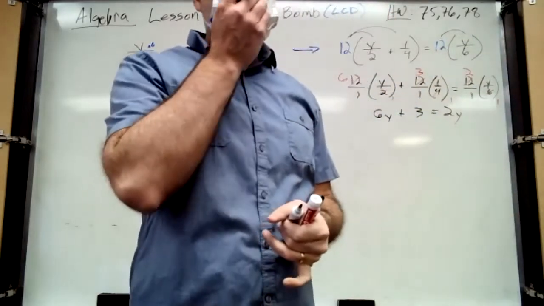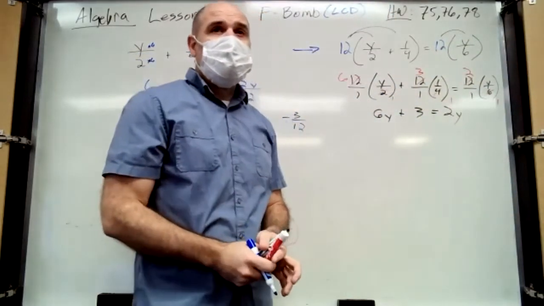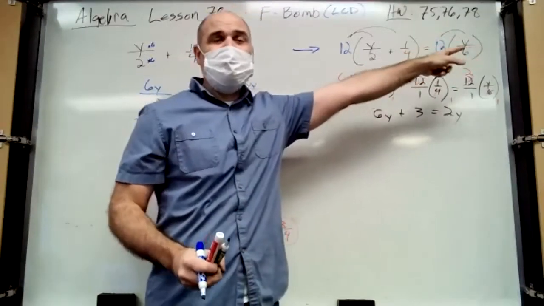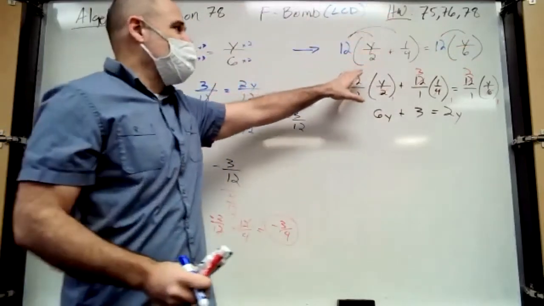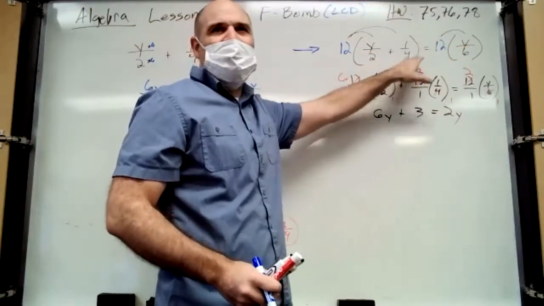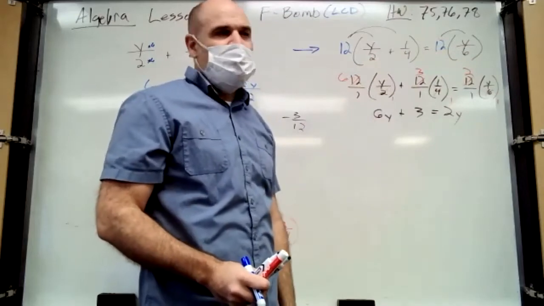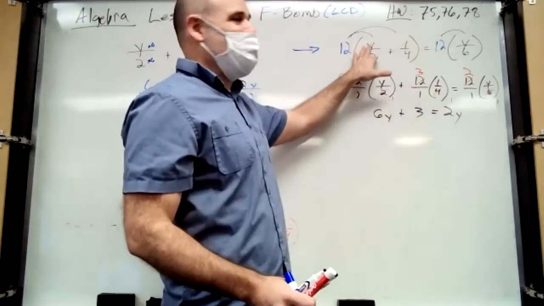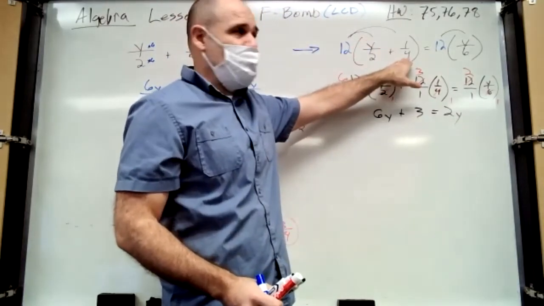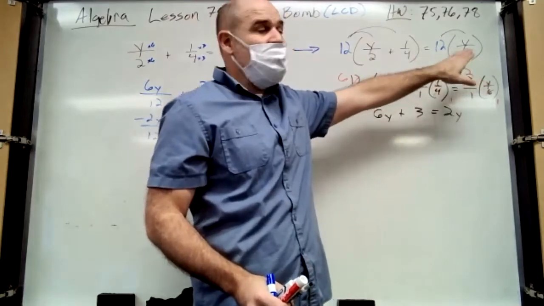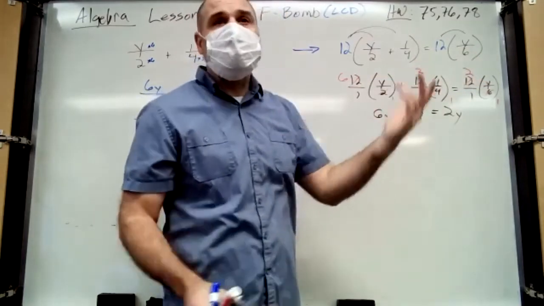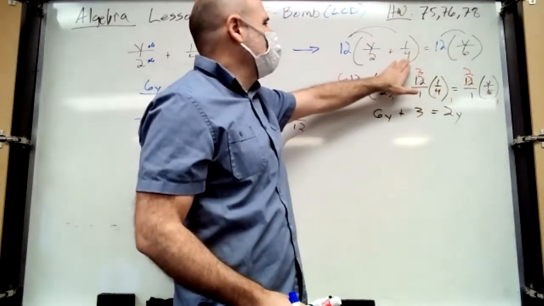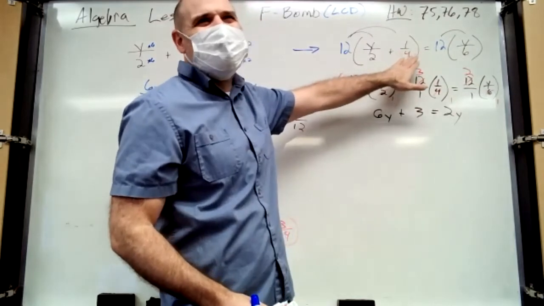Now, do you see why we multiplied by 12? Because 12 in one step canceled all of the fractions, got rid of all the denominators. Why did 12 do that? Because it's the least common multiple of those three numbers. Now, you could have multiplied everything by 2, which makes that a 1/2 and that a y over 3, and then multiplied everything by 3 to get rid of the y over 3, but now it's a 3/2, which is weird.